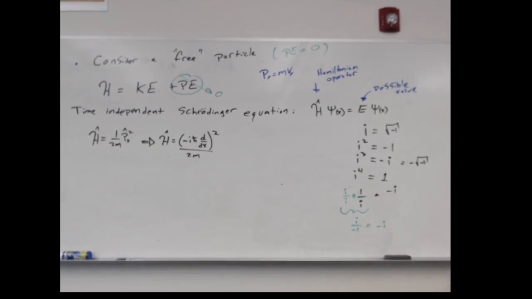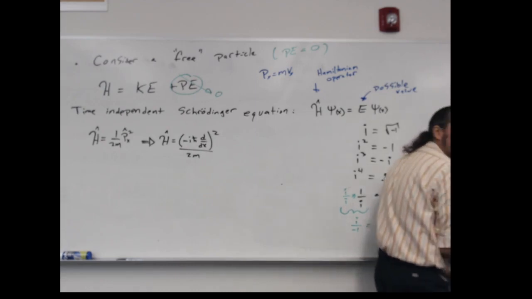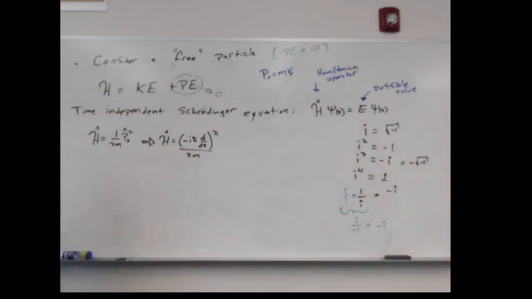Your positive imaginary becomes a negative imaginary. Now, if this was real, if I just had A and I took the complex conjugate, I'd still just have A. If there's no imaginary part, taking the complex conjugate does nothing. Which is why this requirement guarantees that it's real. Because the only way taking the complex conjugate gives you the exact same value back is if there's no imaginary part in there. I should have asked about how good you were with imaginary and complex conjugates before I did all that. I'm sorry.